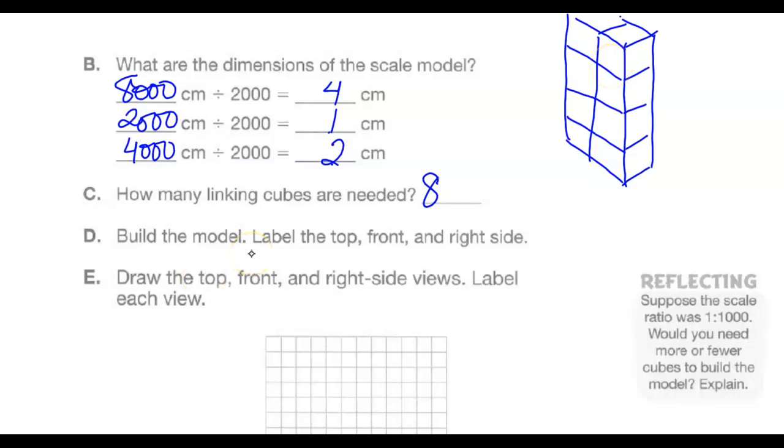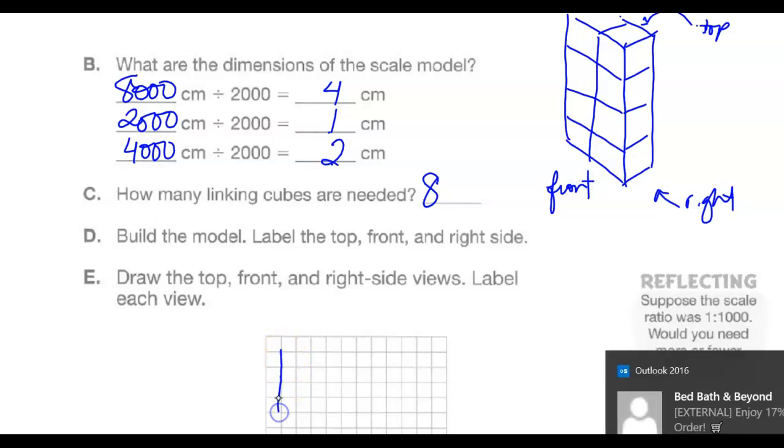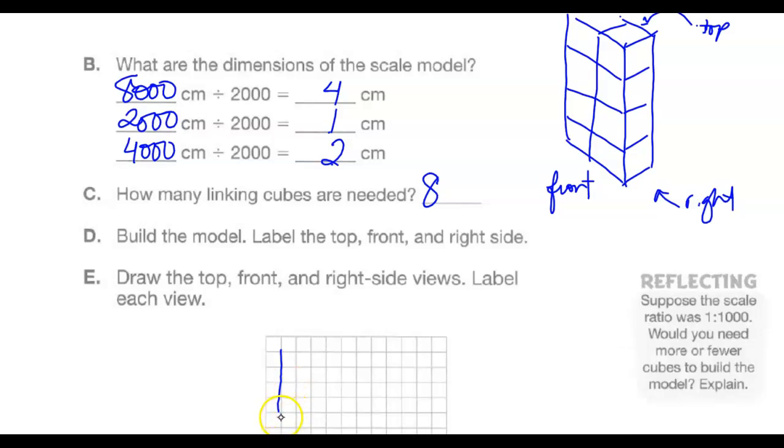Build the model, label the top, front, and right side. So this would be the front. Up there would be the top. And this would be the right side. Draw the top, front, and right side views. Okay, just so, here our front is 4 by 2, all flat level, so nothing's darker than the other.